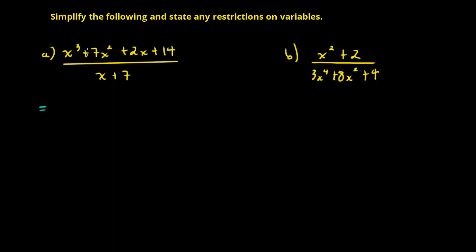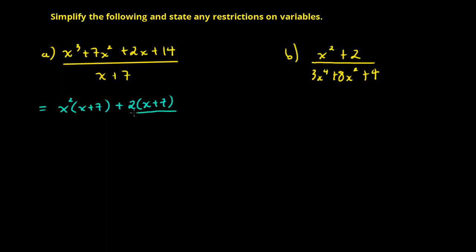So here we've got x cubed plus 7x squared plus 2x plus 14. Let's group together the first 2 terms and common factor out x squared. So we get x squared times x plus 7 plus 2 times x plus 7, where I've common factored 2 out of the second 2 terms.